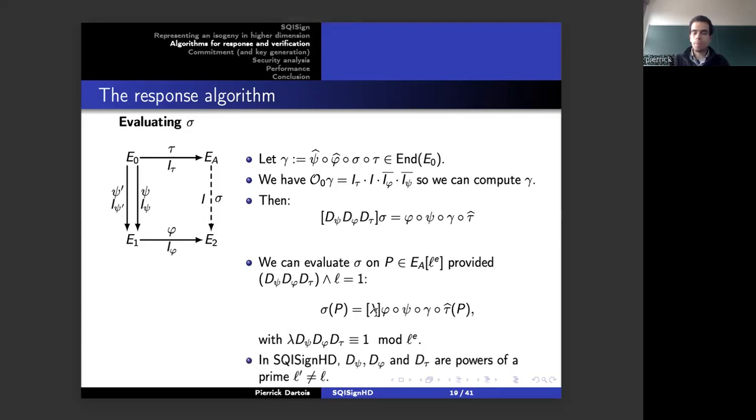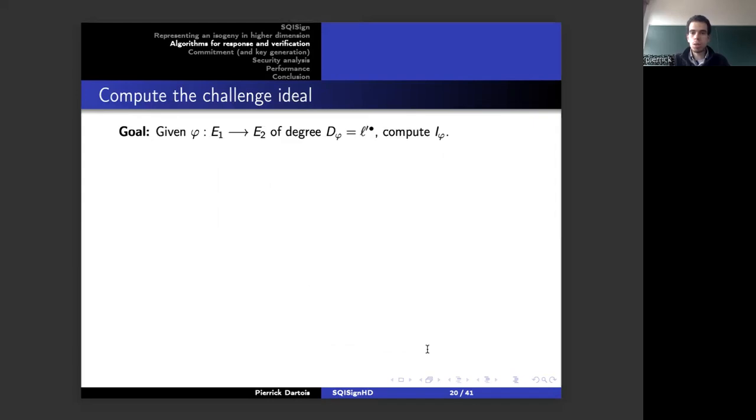And so in practice, those degrees of challenge, commitment, and secret key will be coprime with L. Those will be power of some prime L prime. And so we can do this computation.